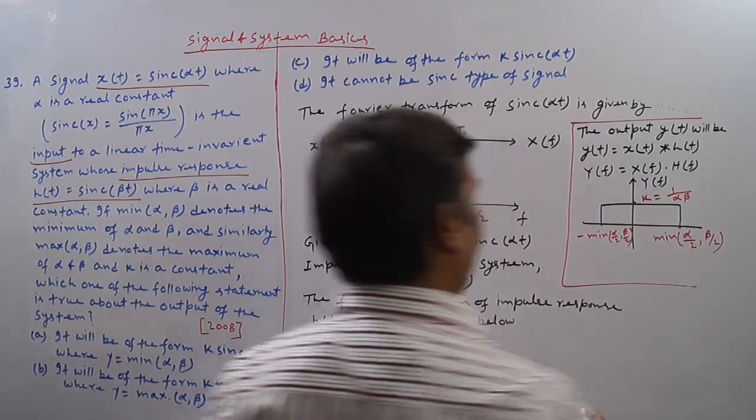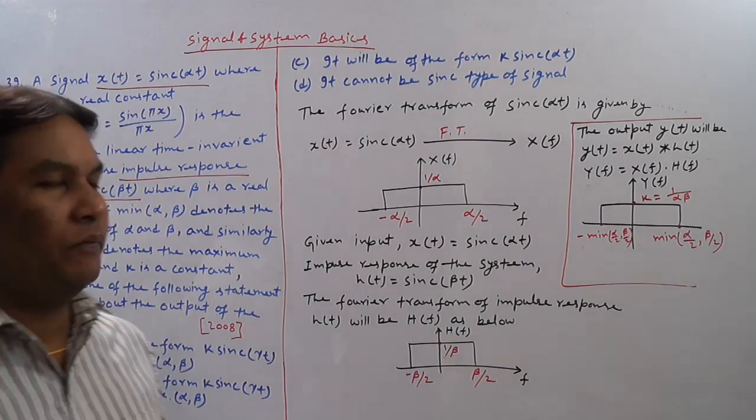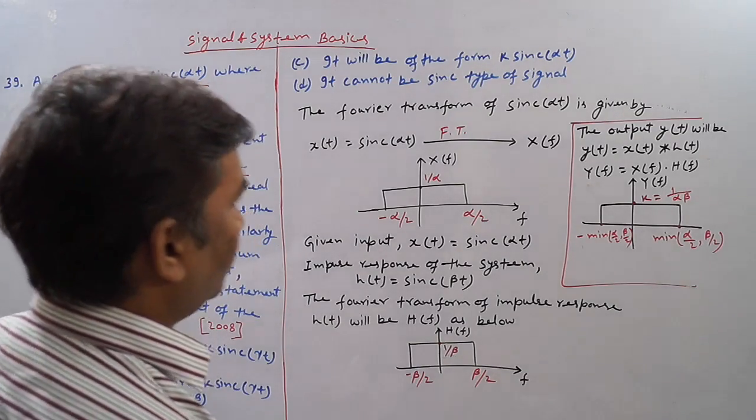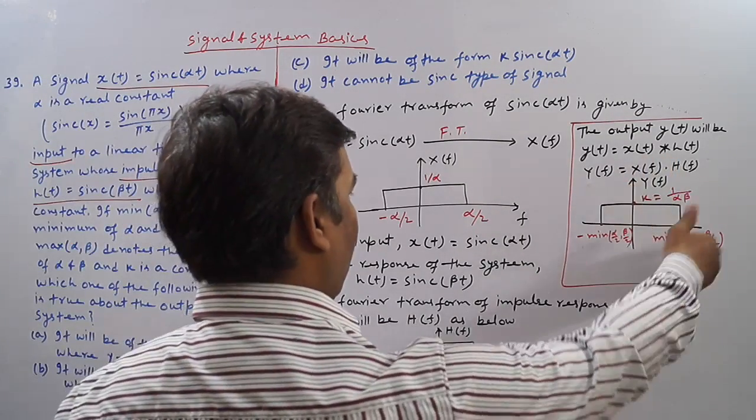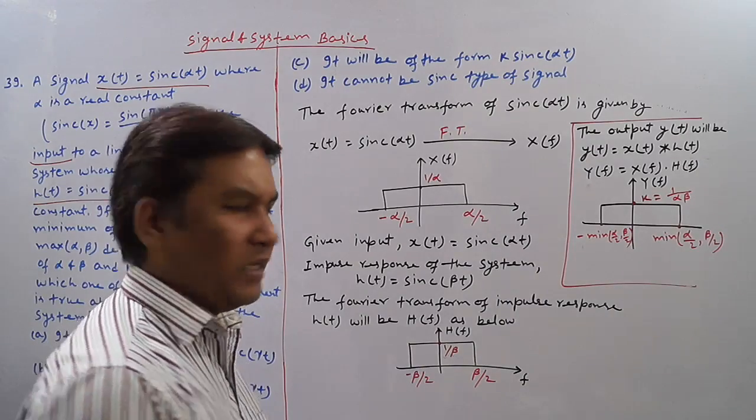Similarly here also it will be the minimum of alpha by 2 and beta by 2. I think it is clear to all of you. So this will be the Fourier transform Y(f).